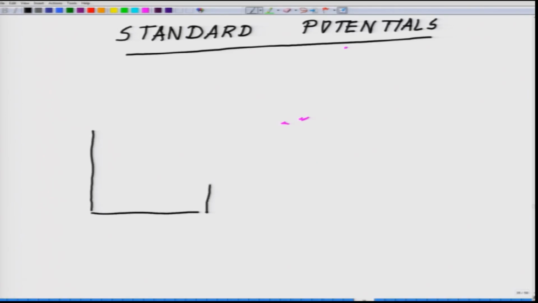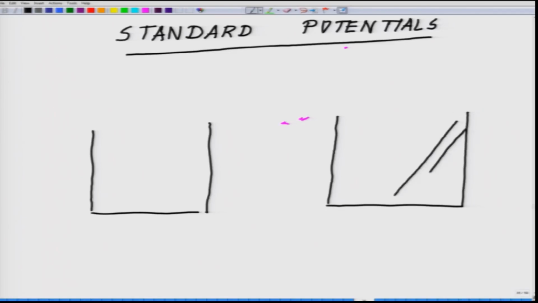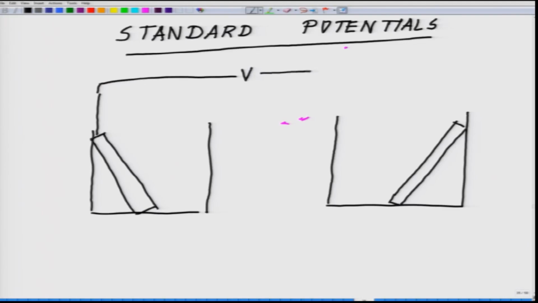You had the cadmium electrode on your left hand, the silver electrode on the right hand, you have the voltmeter, and here is the connector. Here you have the silver sitting in a solution of AgNO3.